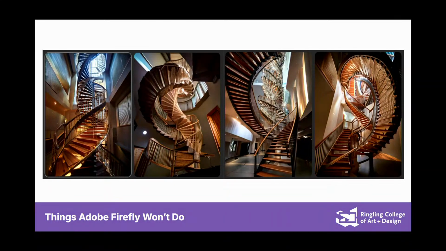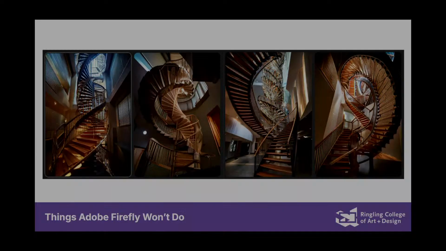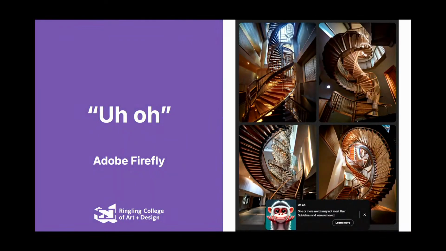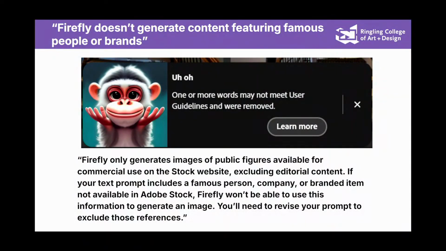And we're going to talk about things Adobe Firefly won't do. Remember I had that little asterisk by Adobe Firefly. When I asked it to generate these images, it said, uh-oh, Firefly doesn't generate content featuring famous people or brands. So it didn't like that I used the word Salvador Dali, and it automatically edited the prompt and gave me something else.